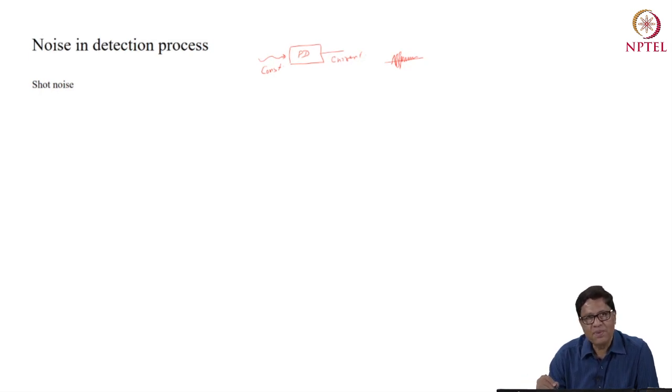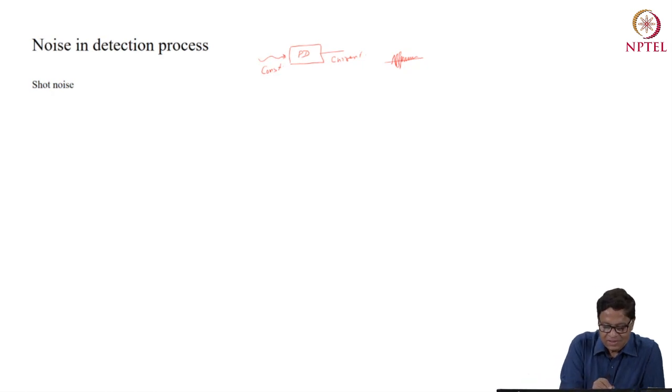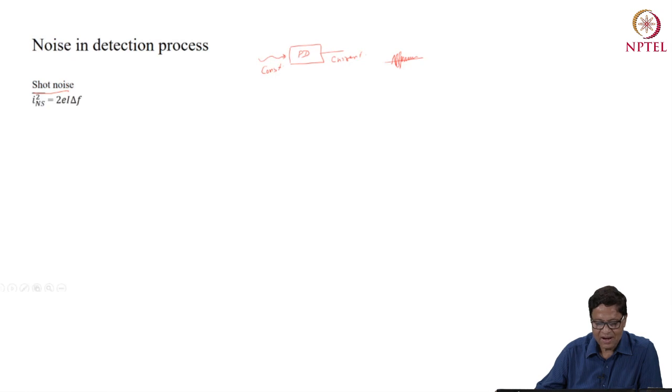The more the power, the more the shot noise. So this is the source of shot noise, and this is mathematically written as shot noise, I square ns.